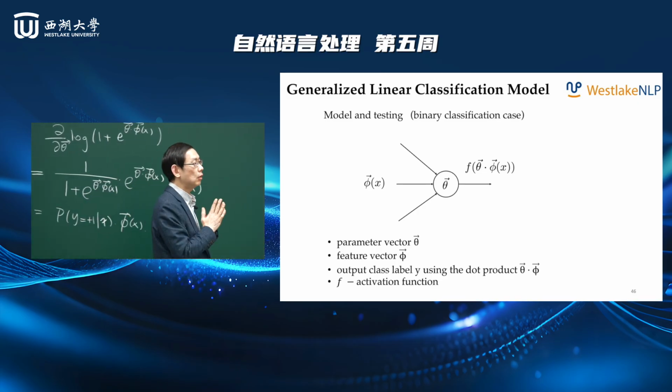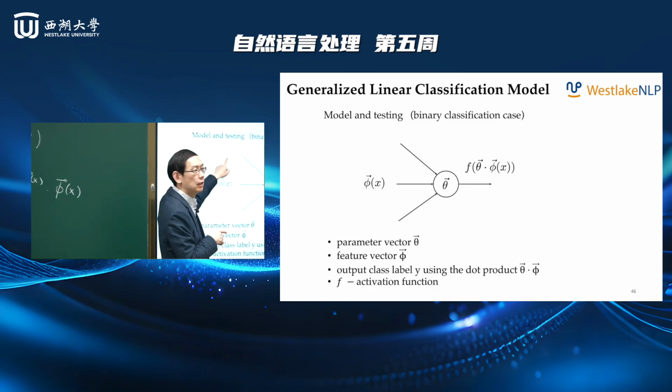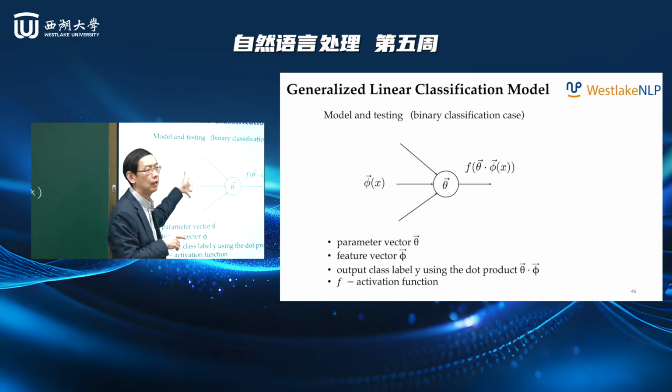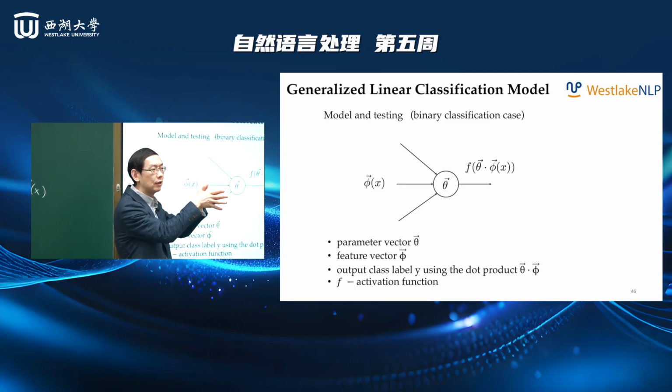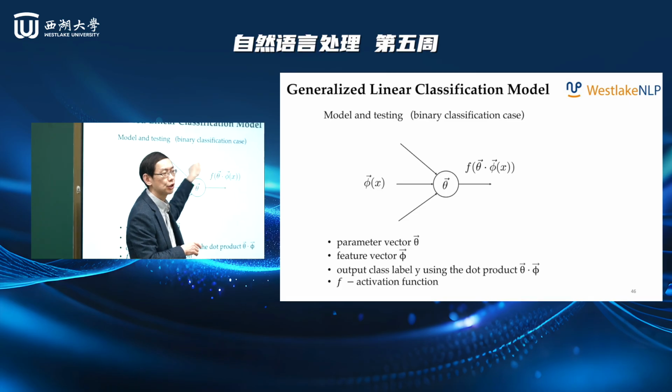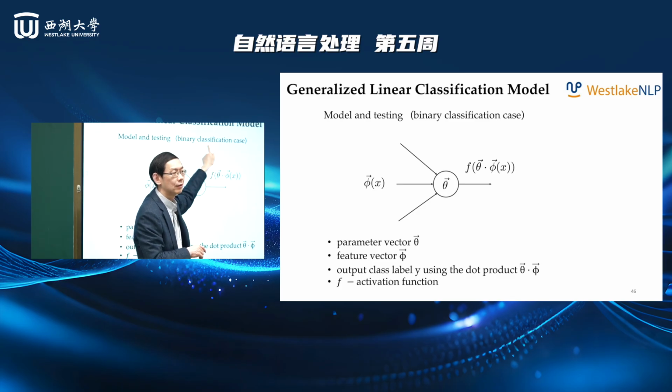So a neuron will take an input vector, okay? And then the neuron itself has a theta, a set of weights that are dot-producted to the input vector. How can I visualize this theta? This is like the arcs here. Every theta is assigned to one arc. So phi 1, the first feature, times the first theta goes through this neuron.